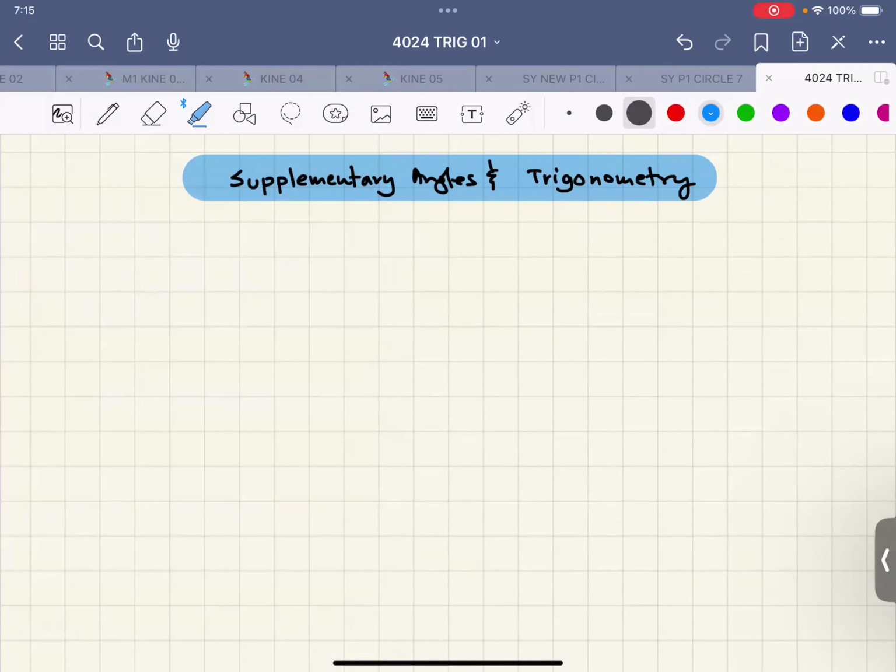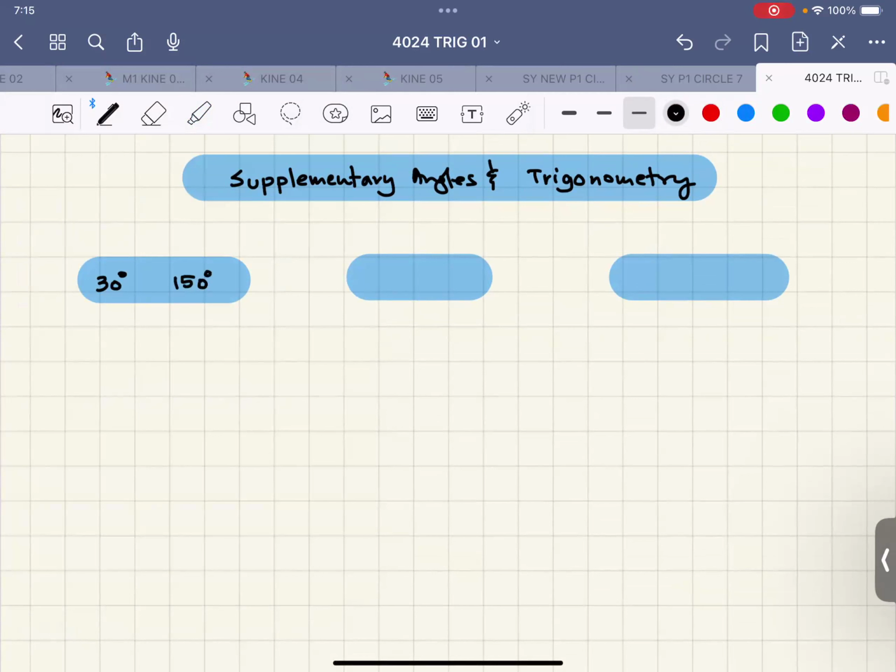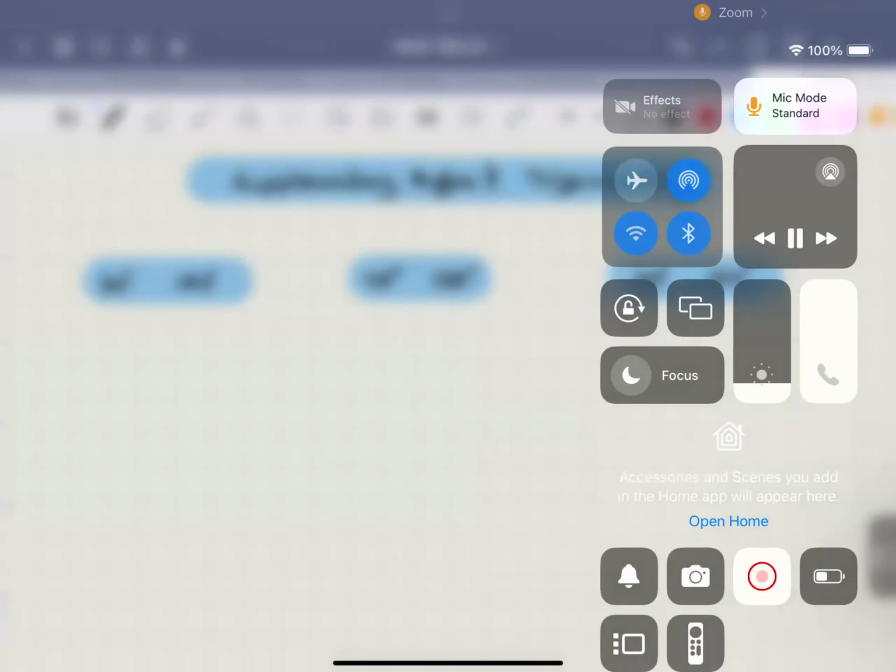Let's say I'm writing 30 degrees and 150 degrees. And then over here, 45 degrees and then 135 degrees. And last but not the least, 60 degrees and 120 degrees.